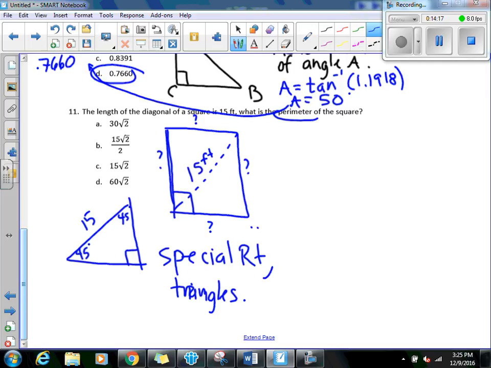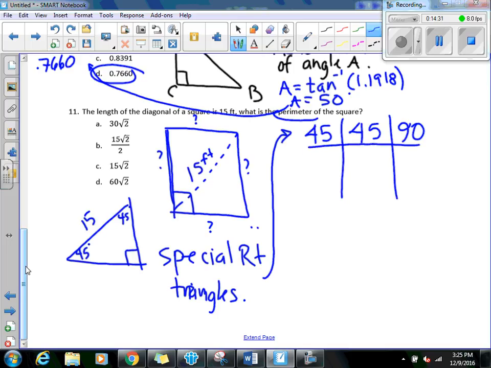So I'm going to go back over here. And what do we know about special right triangles when they're 45, 45, 90s? So we have 45, 45, 90. Make my little table. And the legs are congruent. So once I know one leg, I know the other leg, and I'm going to add all those together to get the perimeter of the square.